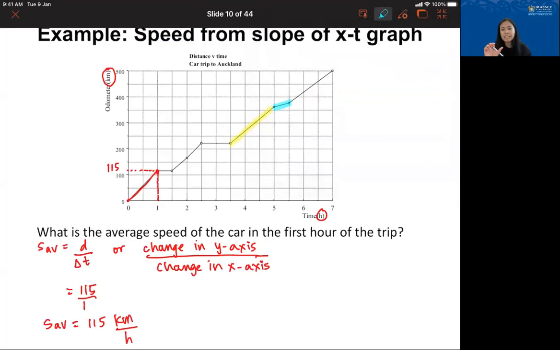You can see that the steepness of the line is different. Can you deduce or figure out the difference in the speed that you were moving over these two time intervals just by looking at how steep the line is?